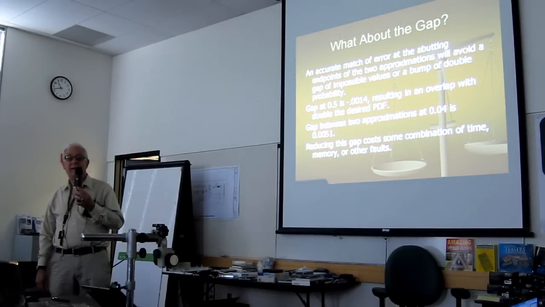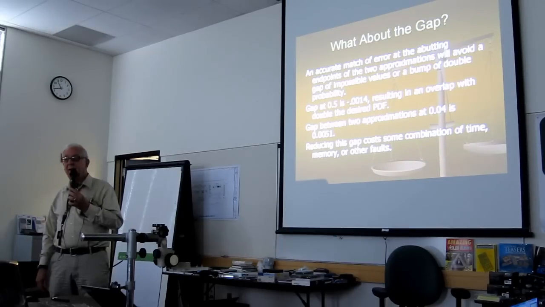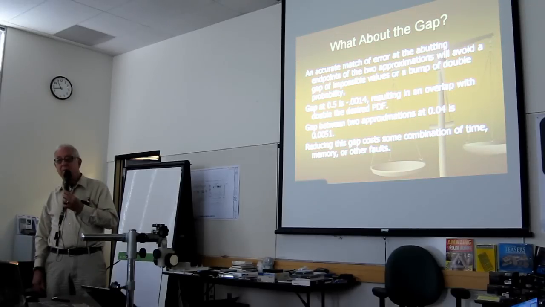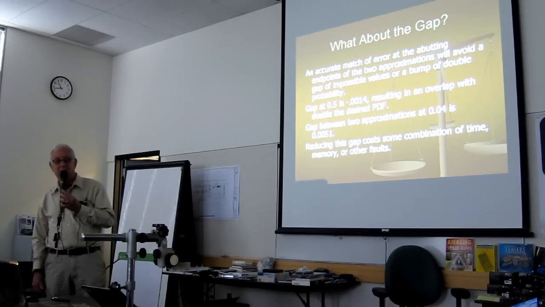Okay, here we have 2 approximations. And one of the things we would like is for the point where the 2 approximations meet to not have a gap or an overlap. If you have a gap, there will be a little zone where it's impossible to get any random numbers. Or if there's an overlap, there will be a little zone where you have double the probability that you're supposed to.